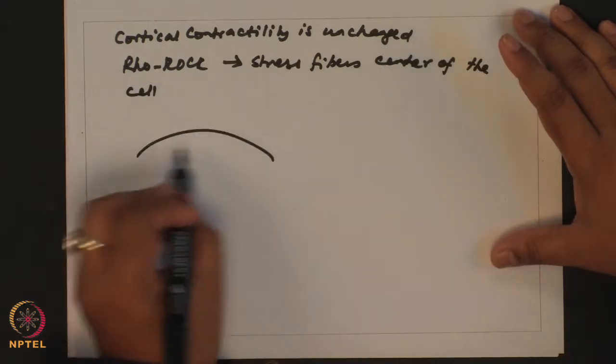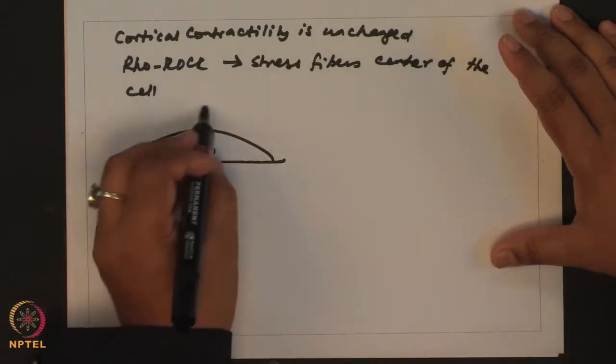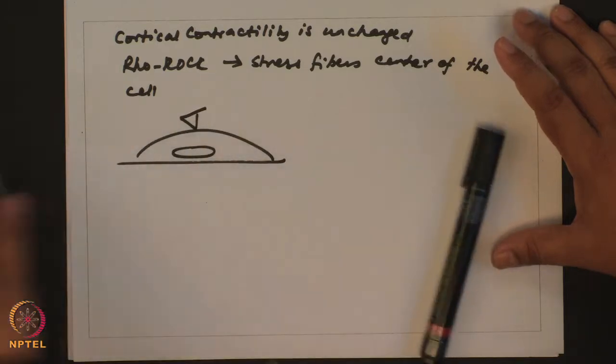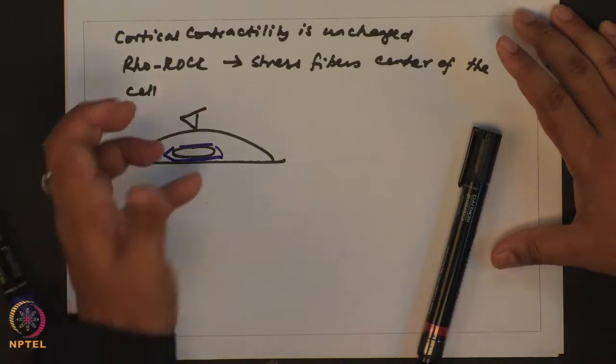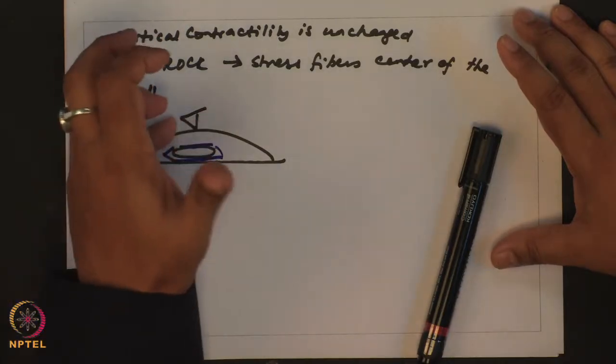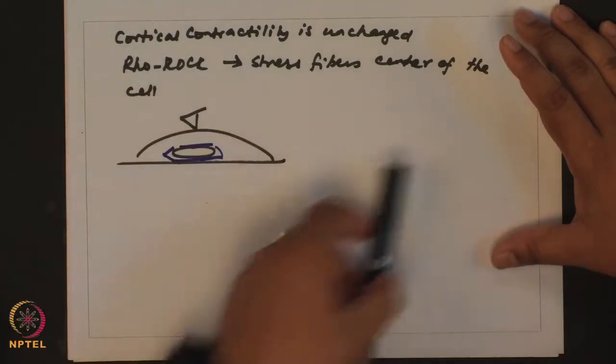Why? Because if this is your nucleus, you are probing from the top. So if you have stress fibers right next to the nucleus, these will not contribute as much to the overall stiffness that you are probing.